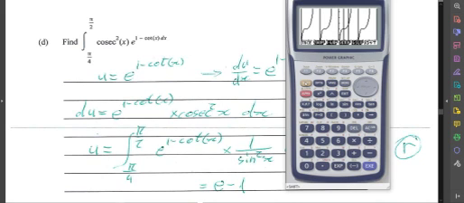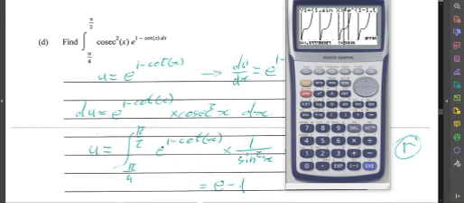And now if I want to do shift G solve, integral of the first one, execute, and again pi over 4, and pi over 2.